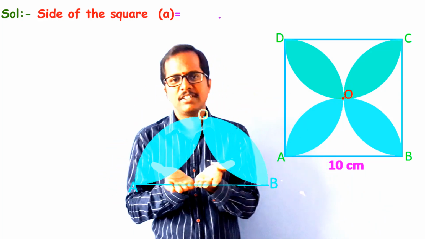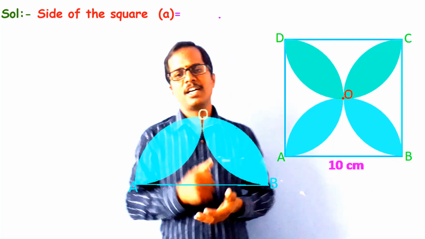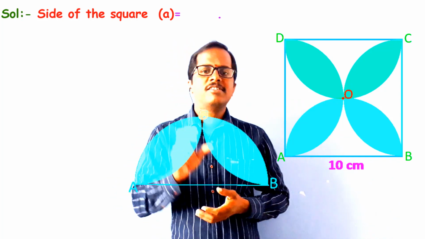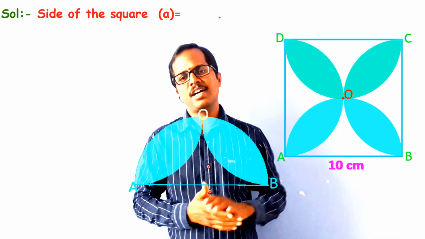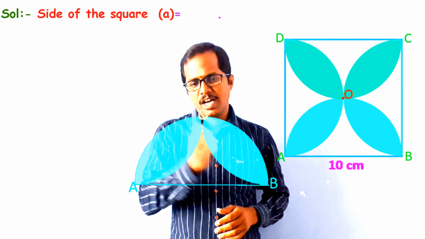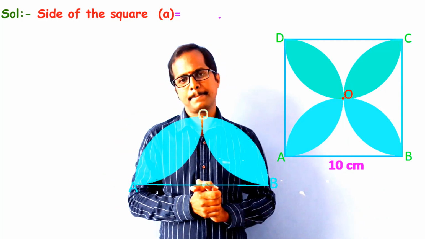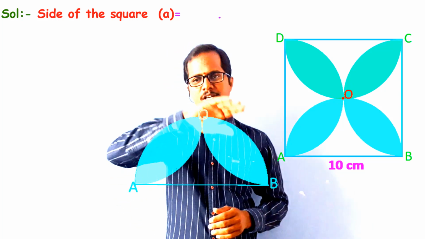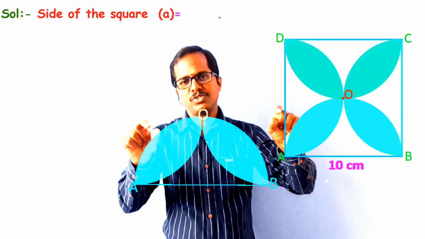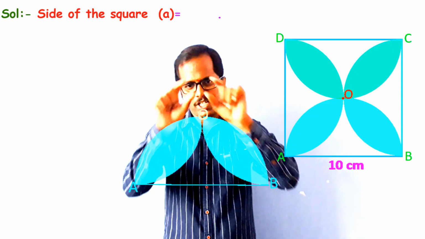Now in this figure, it contains 2 shaded parts which are given in the original figure, along with one unshaded portion. Using this figure, let us find the area of these two shaded portions.